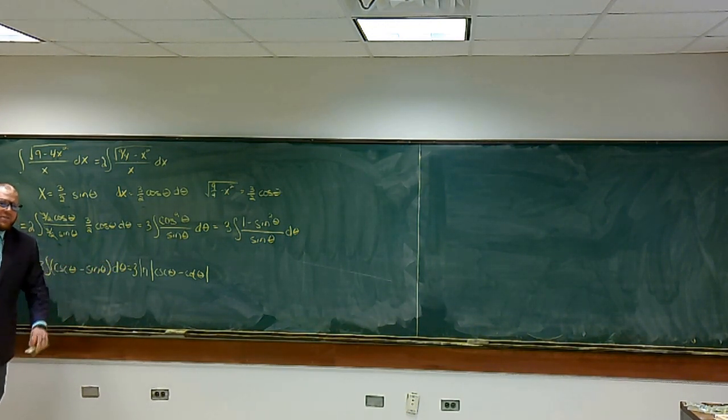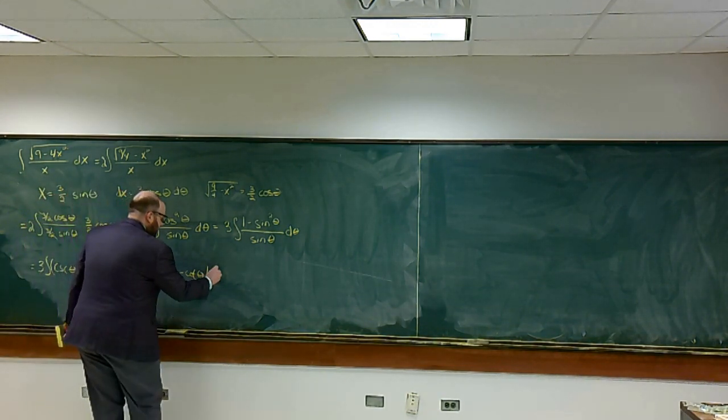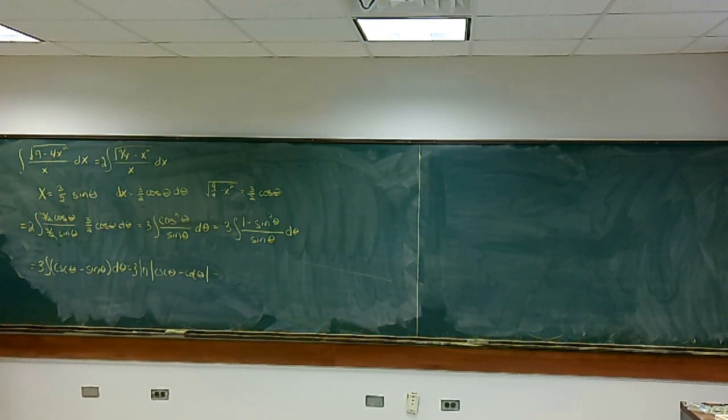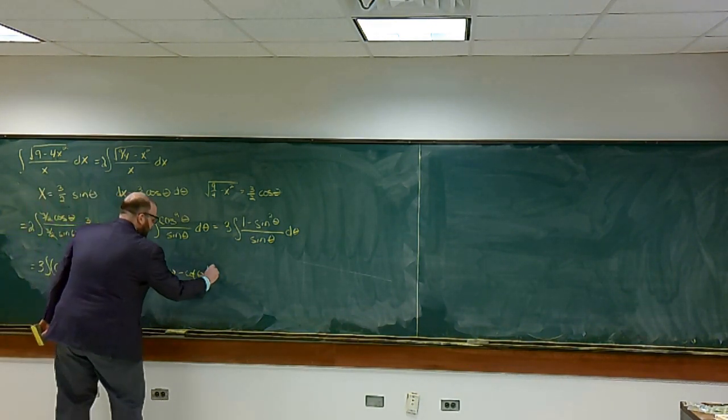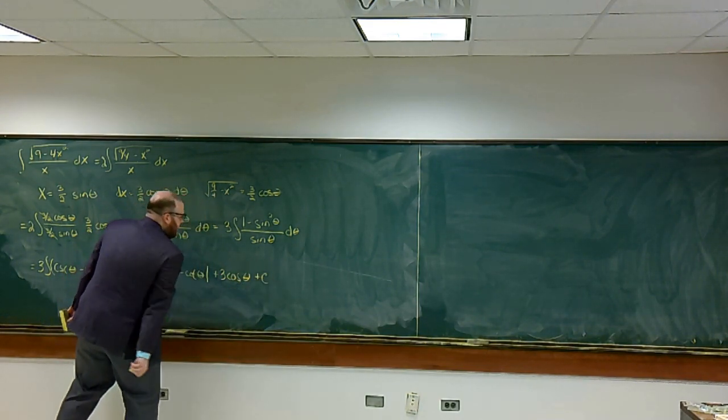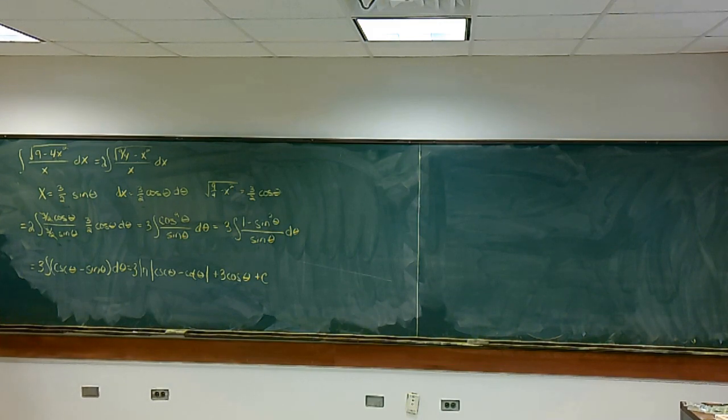Natural log of cosecant minus cotangent is the antiderivative of cosecant. What is the antiderivative of sine? Negative cosine. So there's that antiderivative.